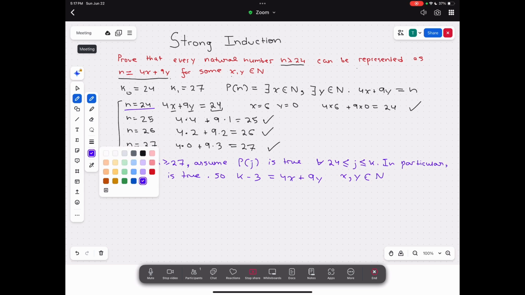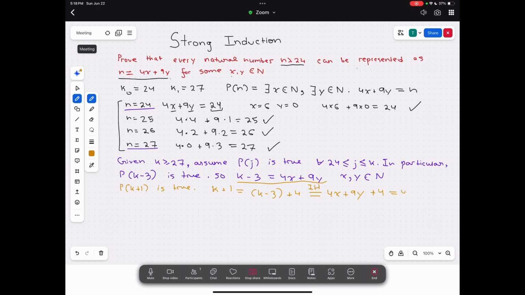And finally, our inductive step. We must argue P of k plus 1 is true. That is, we must find a way to represent k plus 1 as a sum of 4s and 9s. Applying the inductive hypothesis, we have k plus 1. This can also be written as k minus 3 plus 4. And using the inductive hypothesis, we know that k minus 3 can be written as 4x plus 9y, because that's how we got this, plus 4.